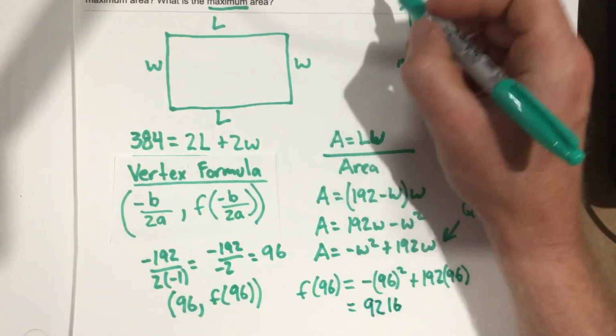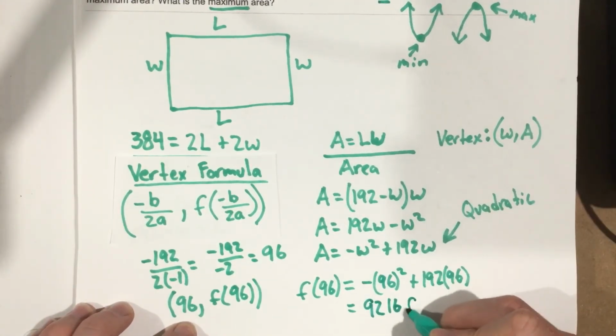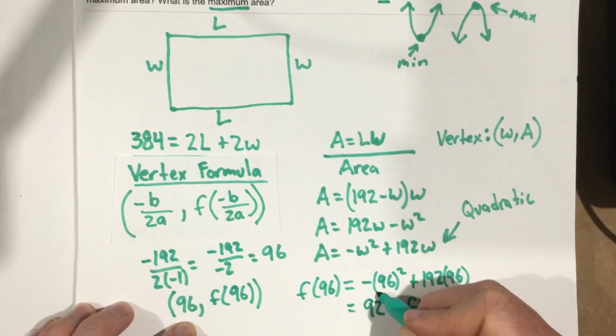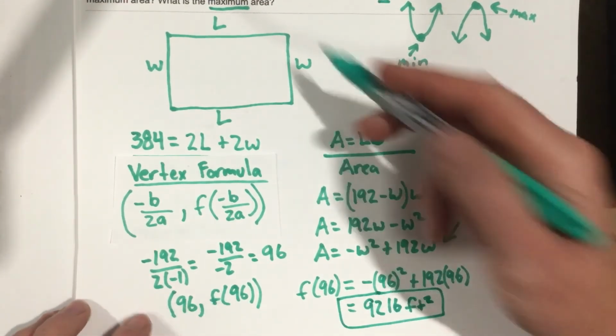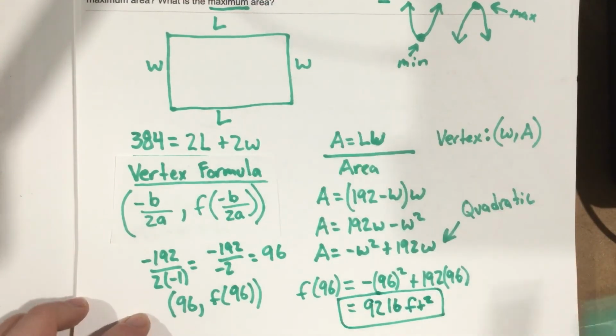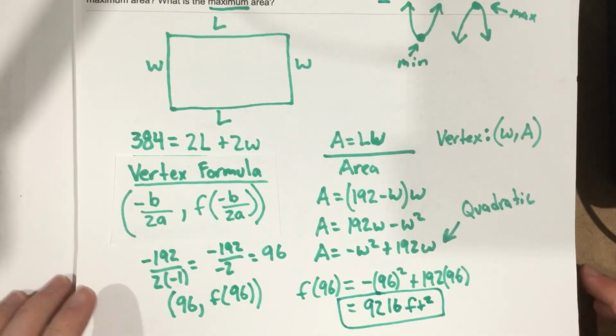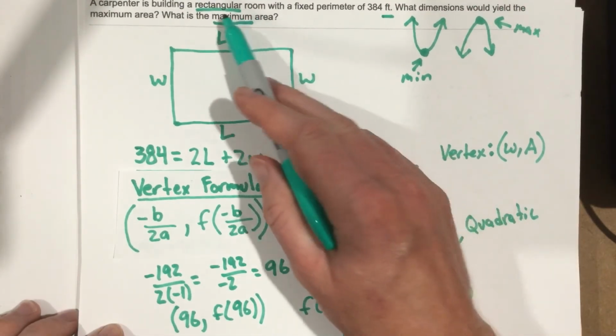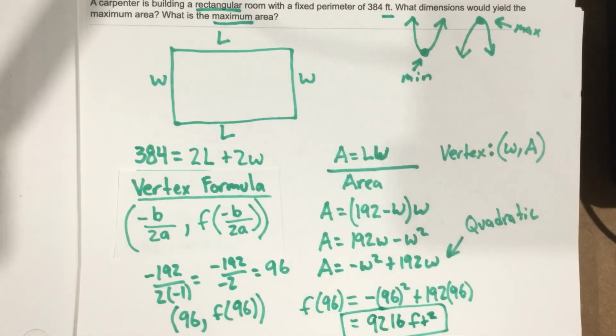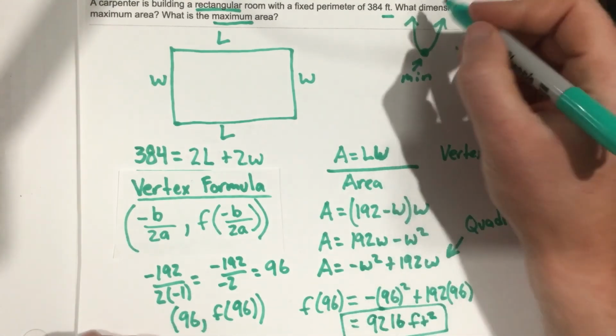And they're talking about feet, so that's feet squared because that's the area. So this is the maximum area that you can have for a rectangular room with a fixed perimeter of 384.